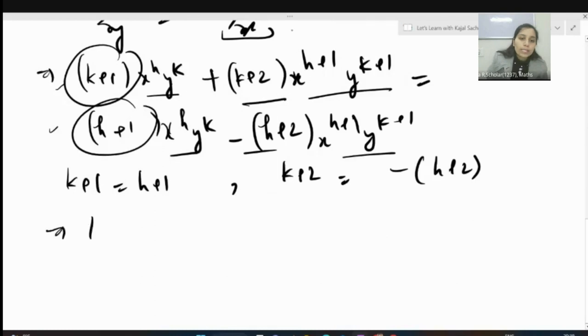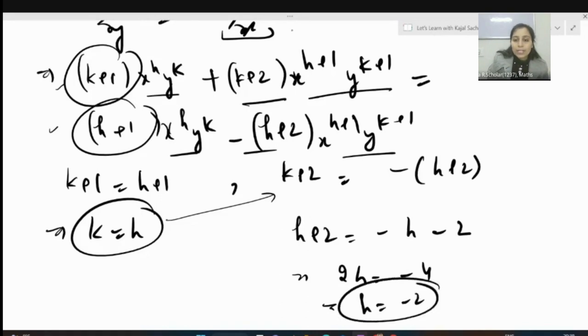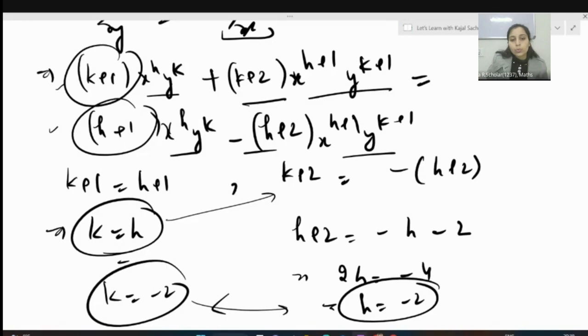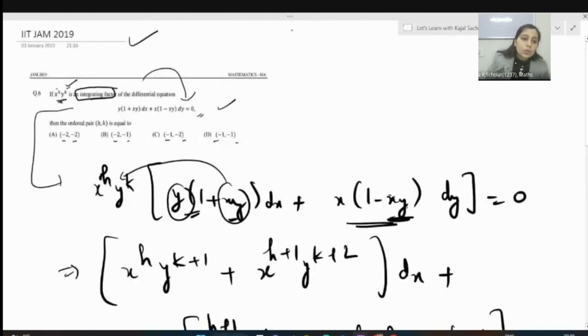From here we can see k = h, and substituting this we get 2h = −4, so h = −2. As k = h, k is also equal to −2. So both k and h are equal to −2. So option number first is correct, −2 and −2.